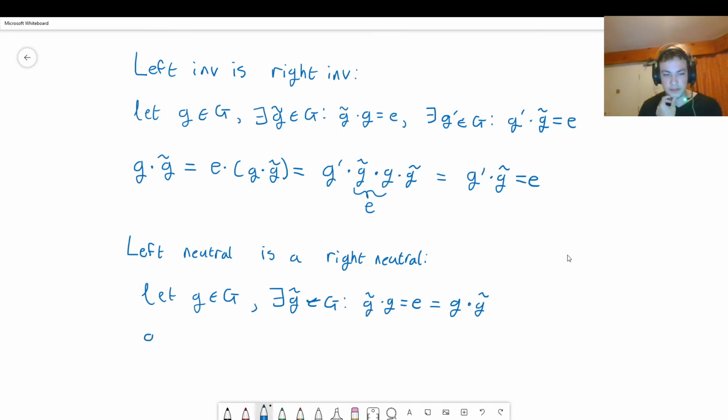Then we have that g dot E is g dot g twiddle dot g, which is E dot g, by compacting these two into an E, which is just g again.